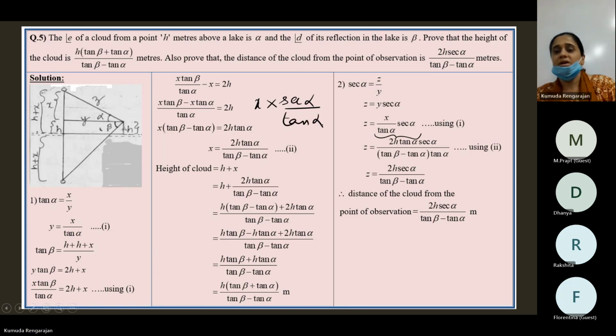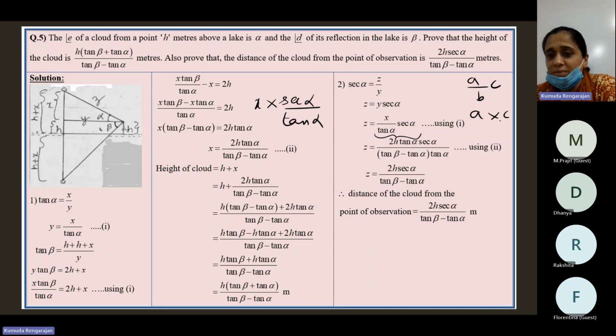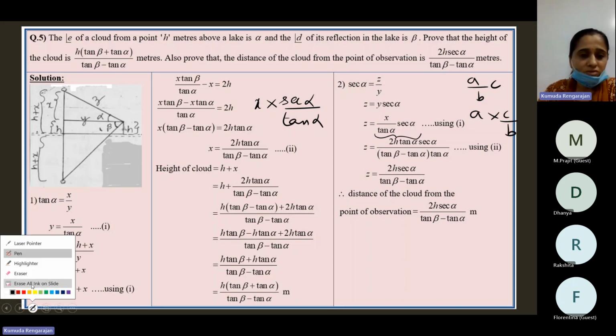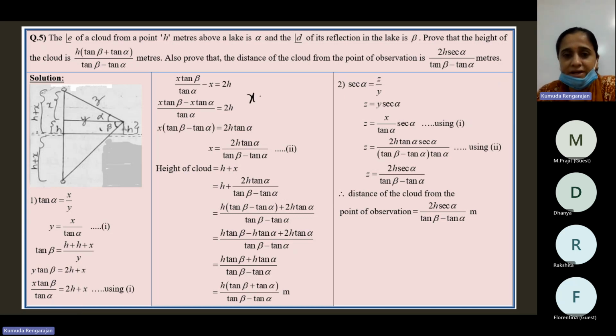That's the meaning. It's like a by b into c, so you can write it as a into c by b. So just separate it. Write that x separately into secant alpha by tan alpha.